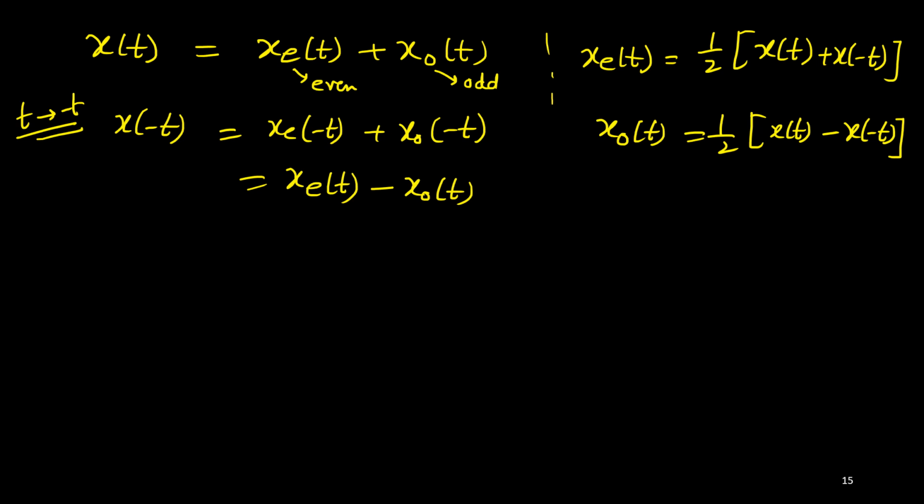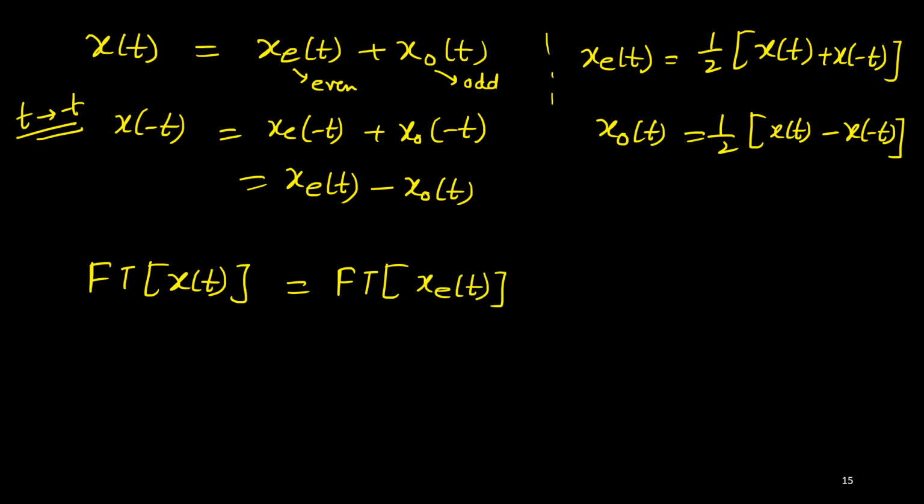Okay, if the signal is neither an even nor an odd signal, in that case, now if I take the Fourier transform of this one, the Fourier transform of x(t) will give you the Fourier transform of x_e(t) and obviously the Fourier transform of x_o(t), by the linearity property.